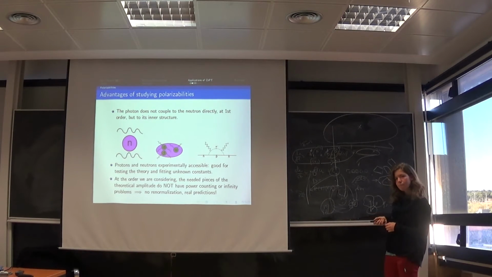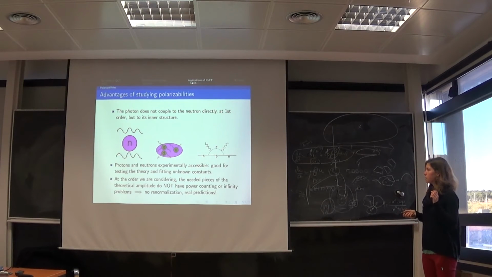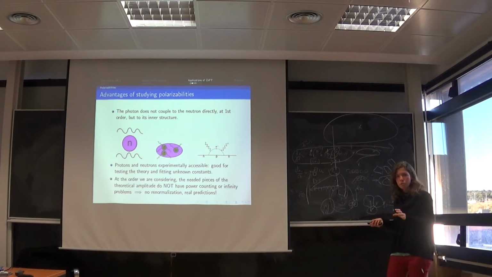Yeah? Here in this theory, for the Compton scattering, your photon has to have energies lower than the scale. Yes, so the photon, in the case of Compton scattering, has energies around 100 mega electron volt. If it would have high energies, there would be other processes happening.